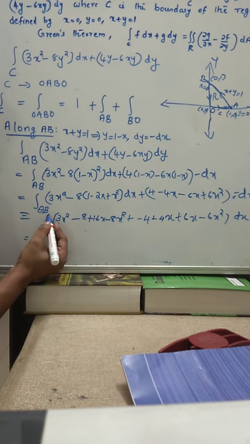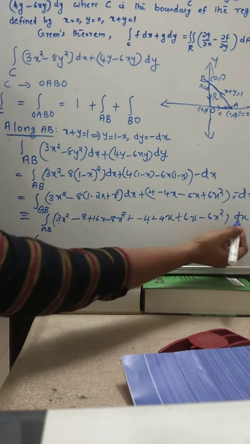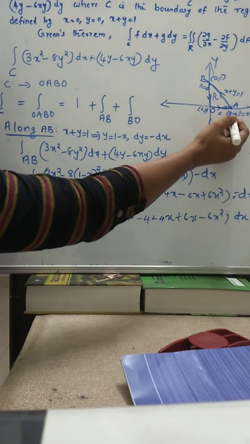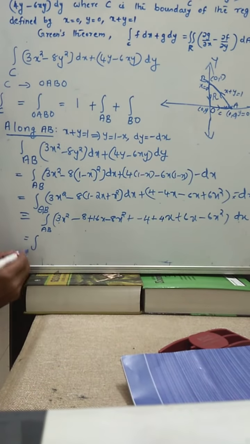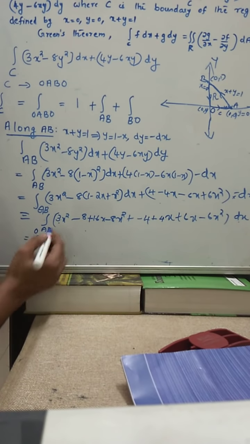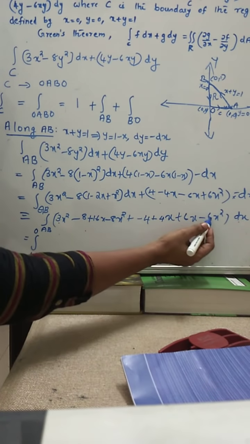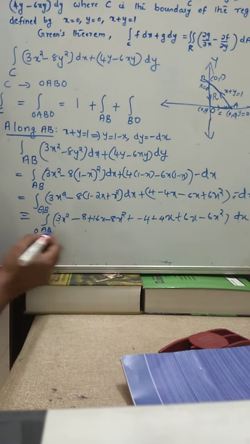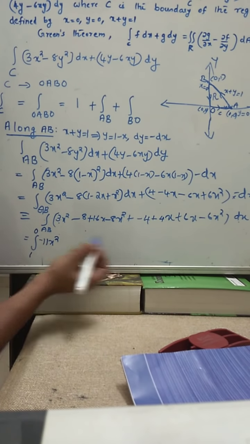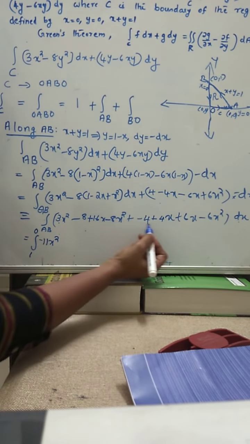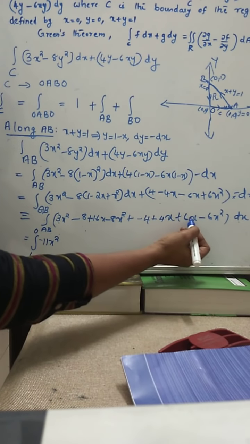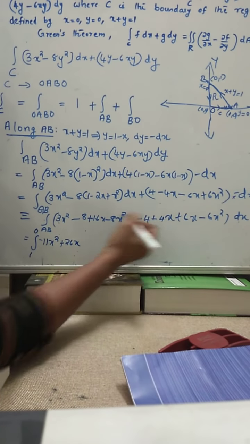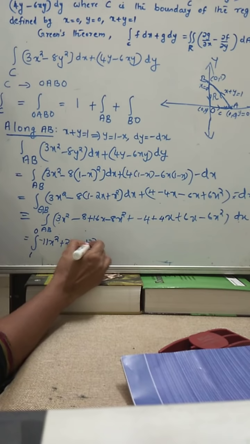Before that, you can see that for the integral over AB our variable is x, and the variation of x along AB is from 1 to 0, so the limit is 1 to 0. Now simplifying, you will get −3x² − 8x² = −11x², then 16x + 4x + 6x = 26x, then −8 − 4 = −12, dx.